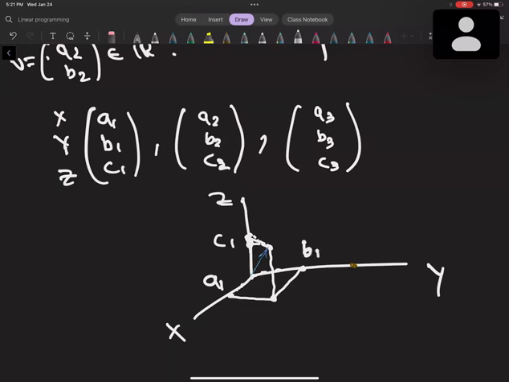So let's say this is X. This is A2. Let's say this is B2. And you make a rectangle. And then you go up. And this is C2. So you have your other vector here.